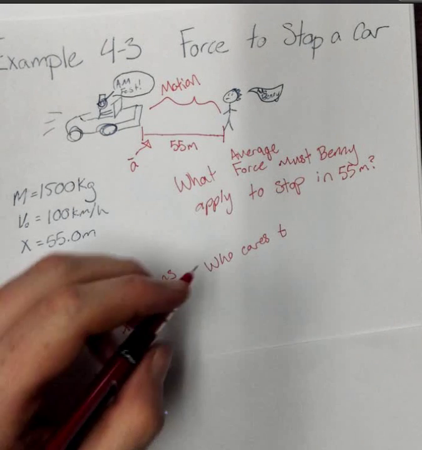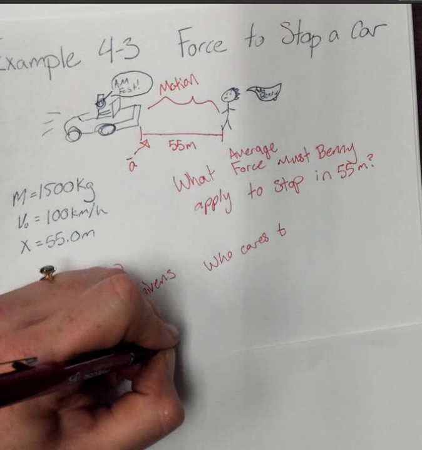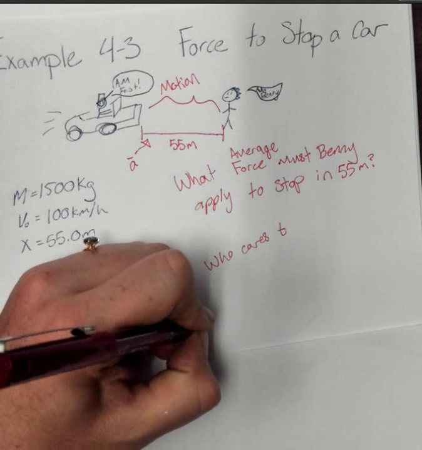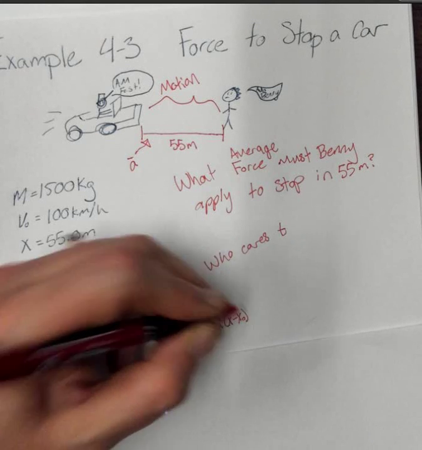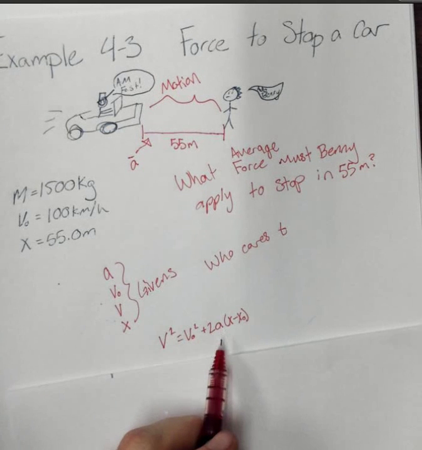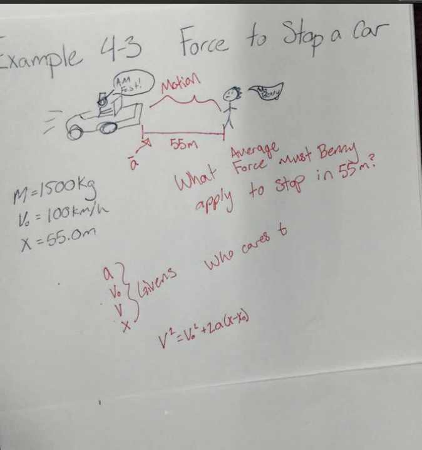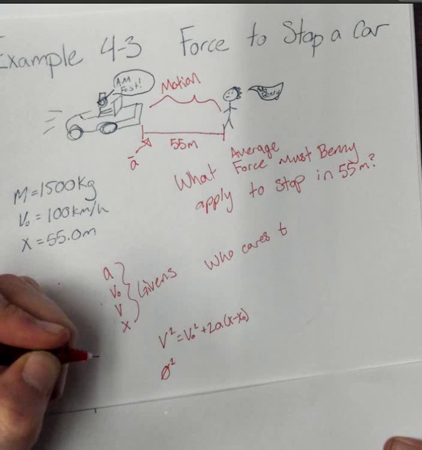So I would like to use the equation v squared equals v naught squared plus 2a times x minus x naught, because this equation will allow us to solve for the average acceleration, and it will allow us to use the variables that we know we have. So we know that Benny needs to be stopped at the end.